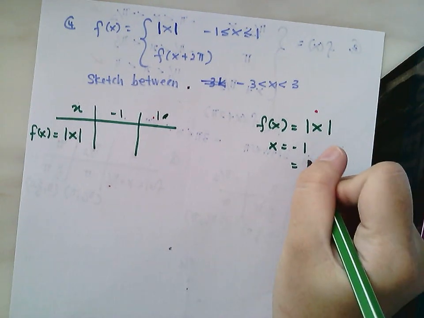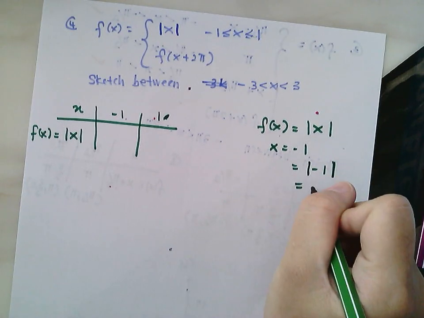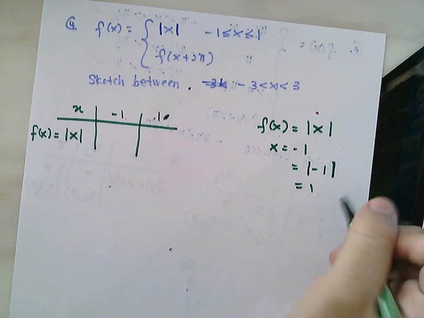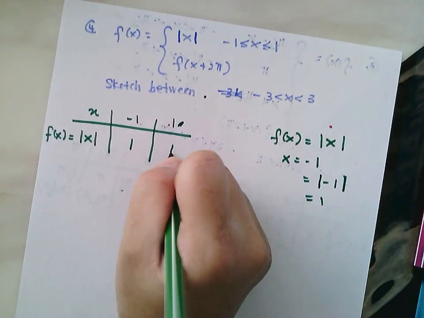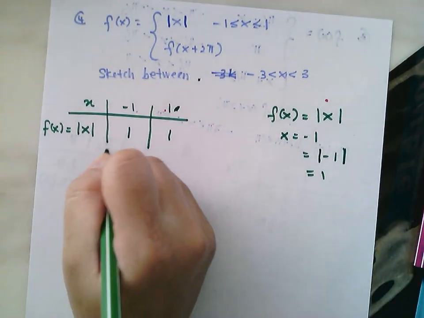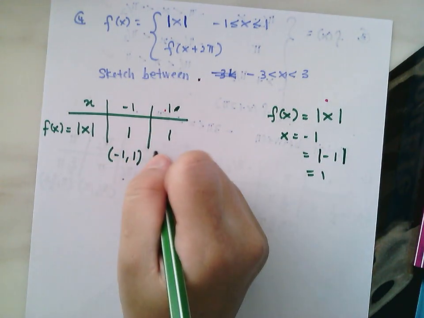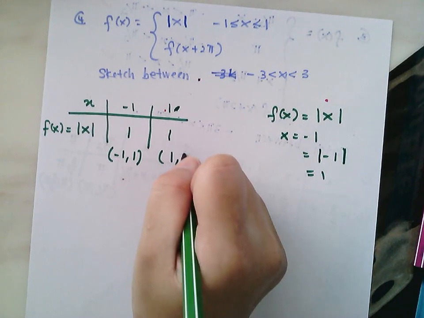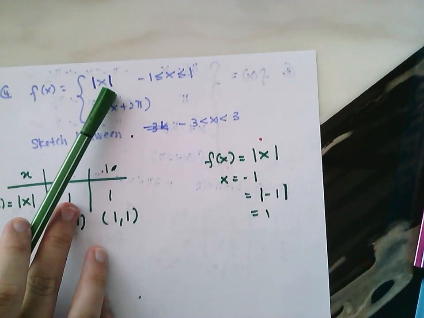When you have this modulus sign, you will have a positive value, which is equal to 1. When x is equal to 1, you will have 1 here. Therefore the first point will be negative 1 and 1, and the second point will be 1 and 1. In this case you just have one function here.